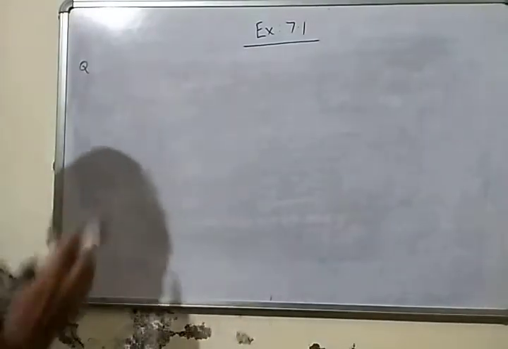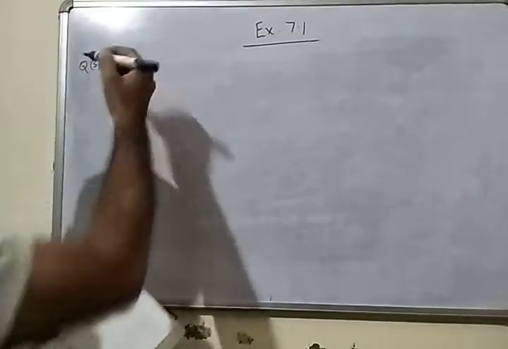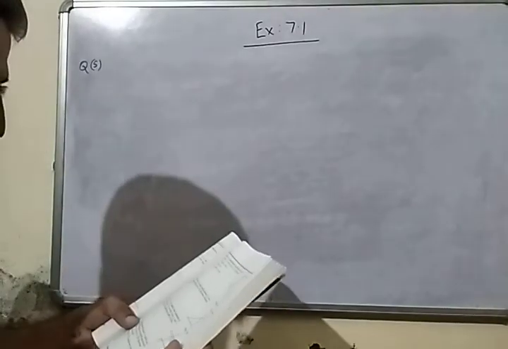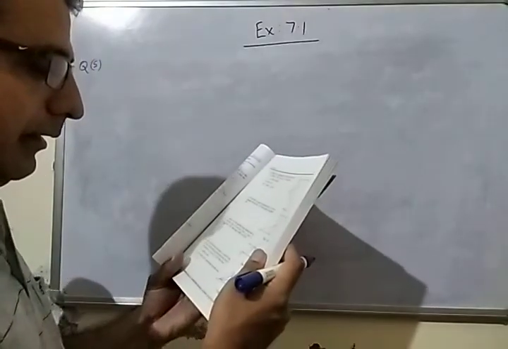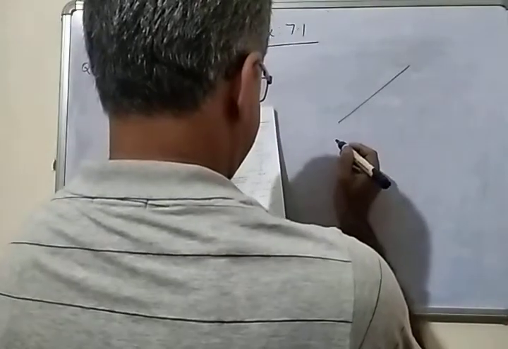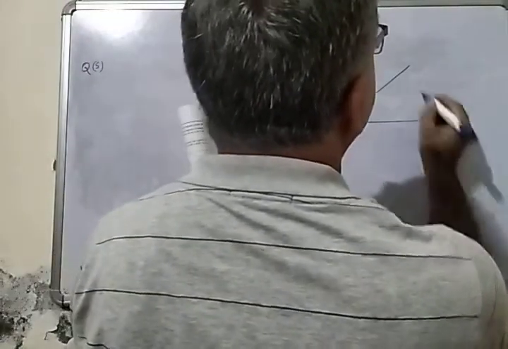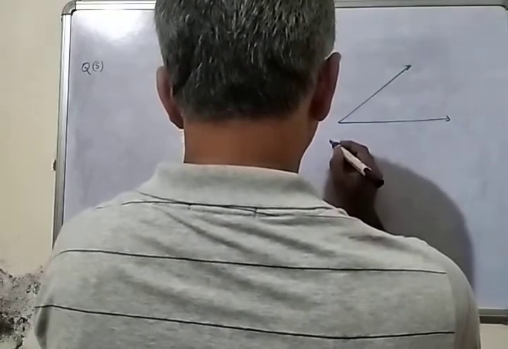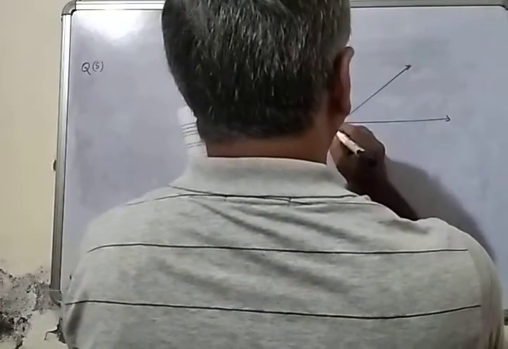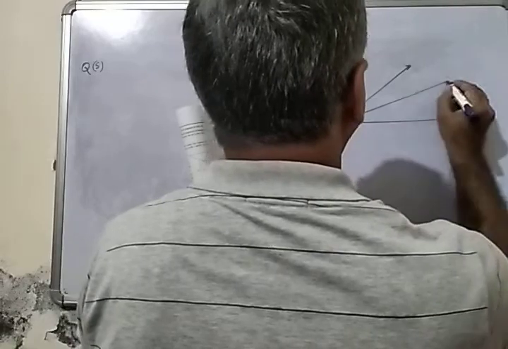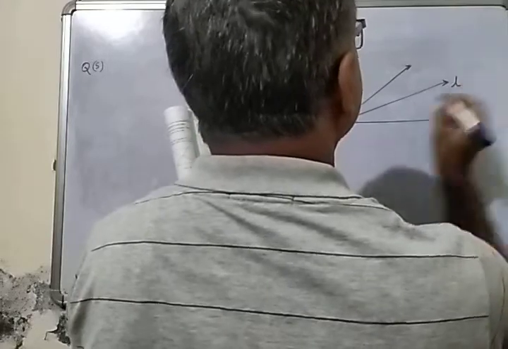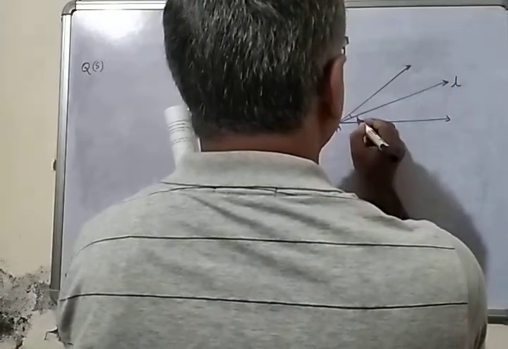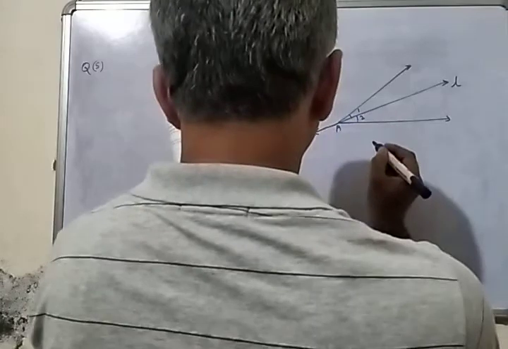See question number 5. Line L is the bisector of angle A. We have been given a figure. This line L is the bisector of angle A, which means this angle equals this angle; we can write angle 1 and angle 2.